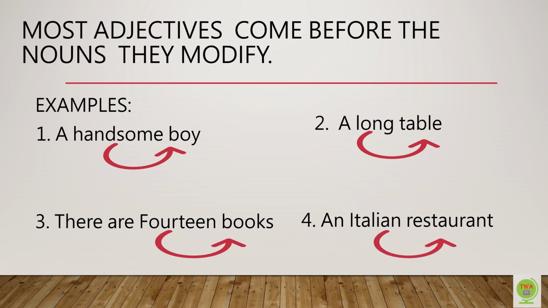As you can see, our adjectives here, handsome, 14, long, and Italian, describe the nouns. Boy is a noun, books is a noun, table is a noun, restaurant is a noun. Therefore, adjectives only describe nouns or pronouns, but we will go further later in describing the nouns as well.